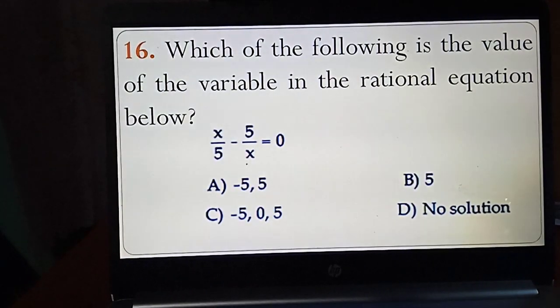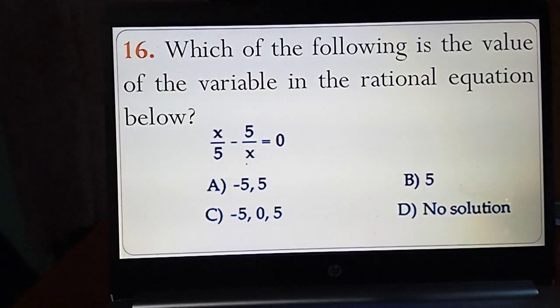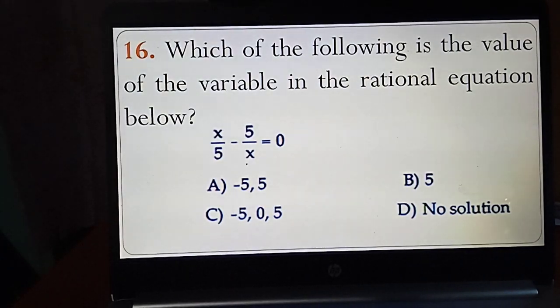So what are the values of x if x squared equals 25? The square root of x squared is x and the square root of 25 is plus or minus, negative and positive 5.